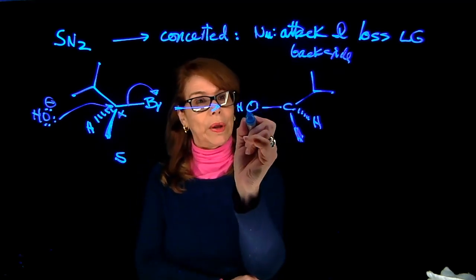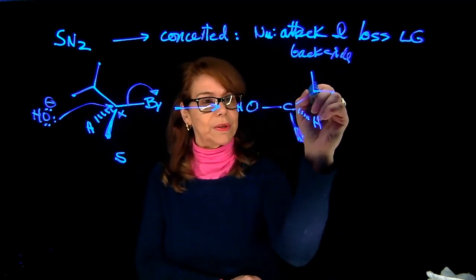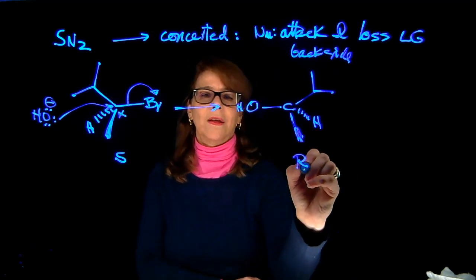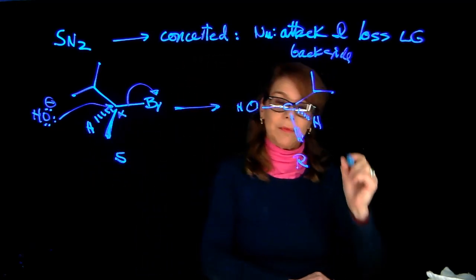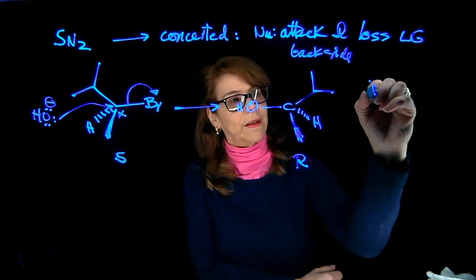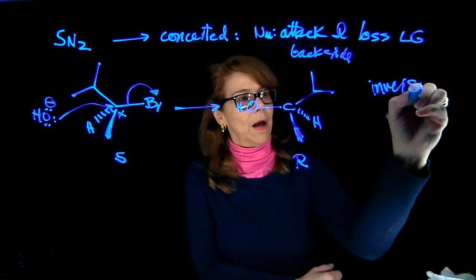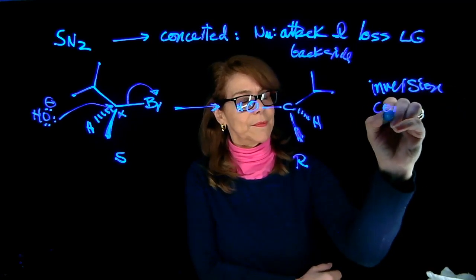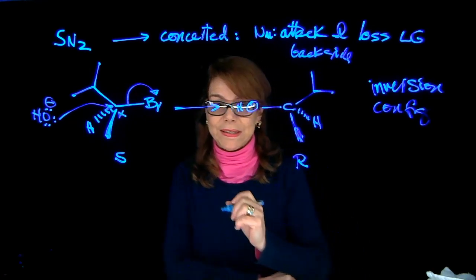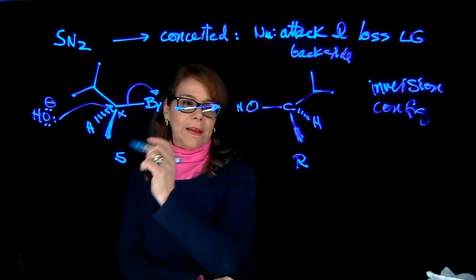Here you have OH, and then second priority is isopropyl, third is the methyl, so this is R. So as a consequence of the backside attack, the SN2 reaction happens with inversion of configuration, of absolute configuration, if the attack happens at a chiral center, the alpha carbon.